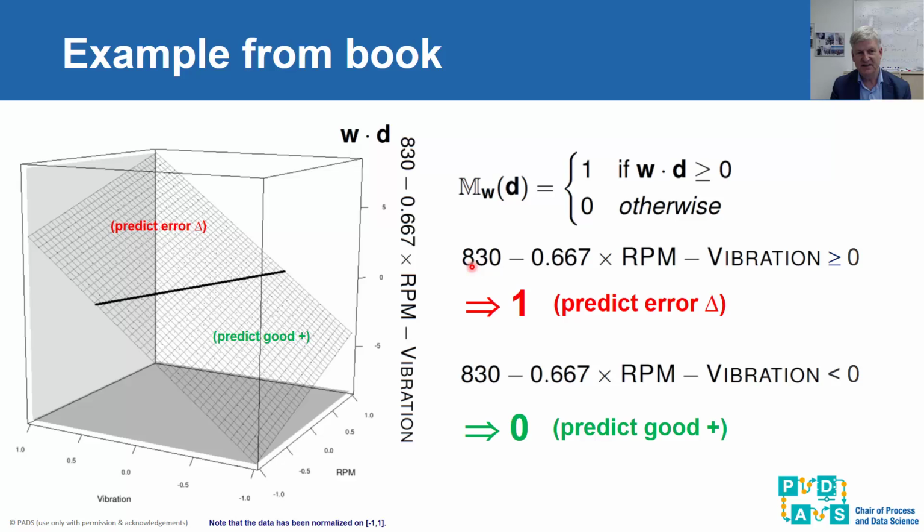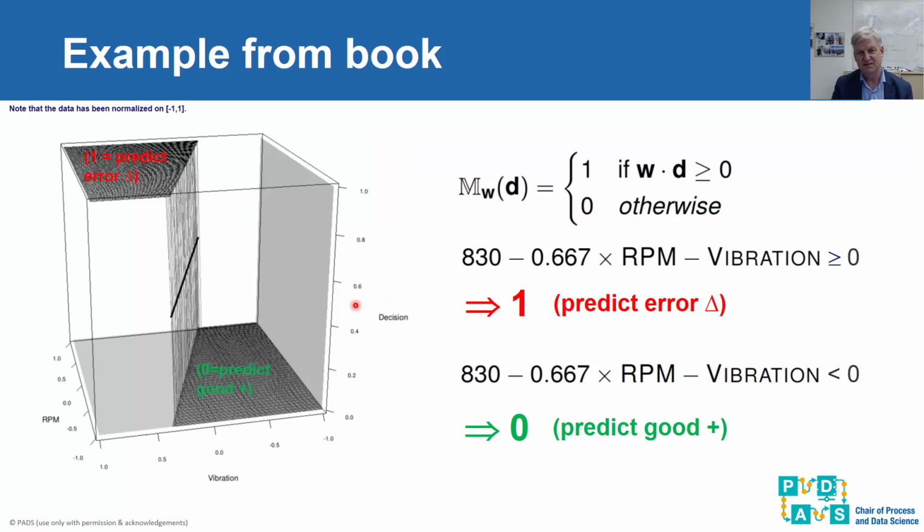If we now look at how we are encoding this continuous variable into a variable that can have a prediction with only two values, 0 and 1. What we see here is the product of W times D. If I now apply this, if we are above the line, it's 1. If we are below the line, it is 0, depending on what you consider to be above and below. Then we get this. You can see that it is no longer smooth.